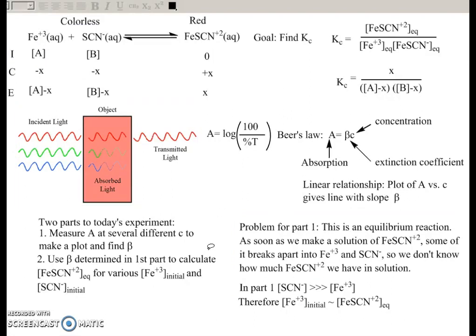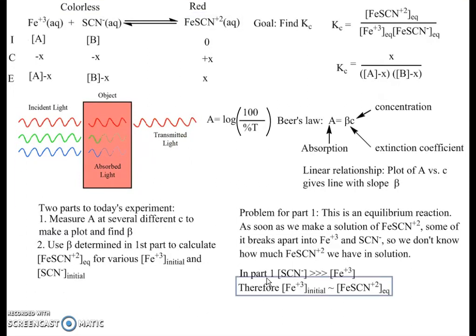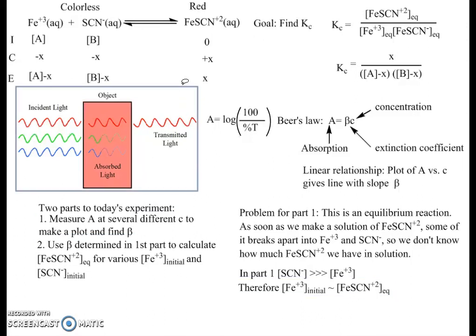Because of this, from Le Chatelier's principle, I'm adding a lot of this, shifting the reaction to the right. That means almost all of my iron plus 3 is converted to product. Therefore, in part 1, the initial concentration of iron plus 3 is approximately equal to the equilibrium amount of my product. Now, it's important to remember that this is the case for part 1 and only part 1.